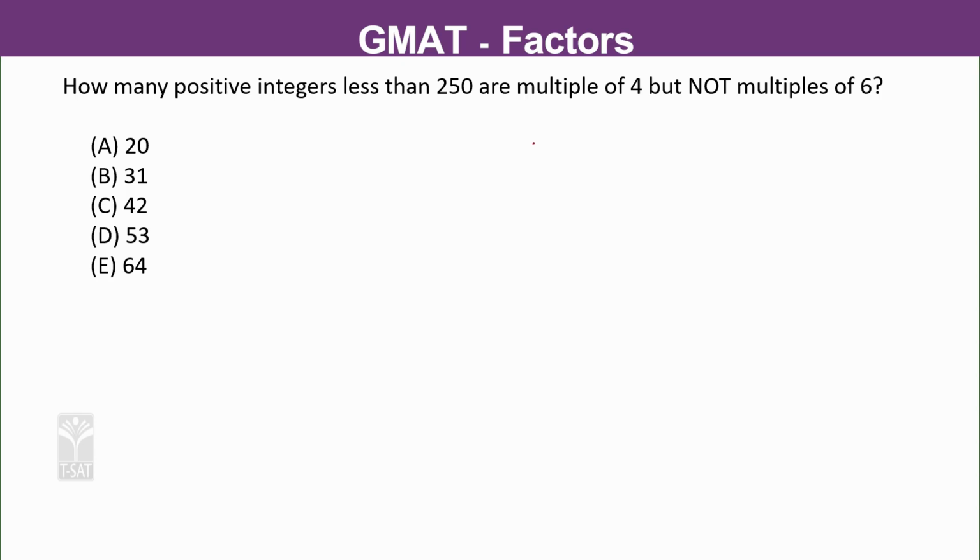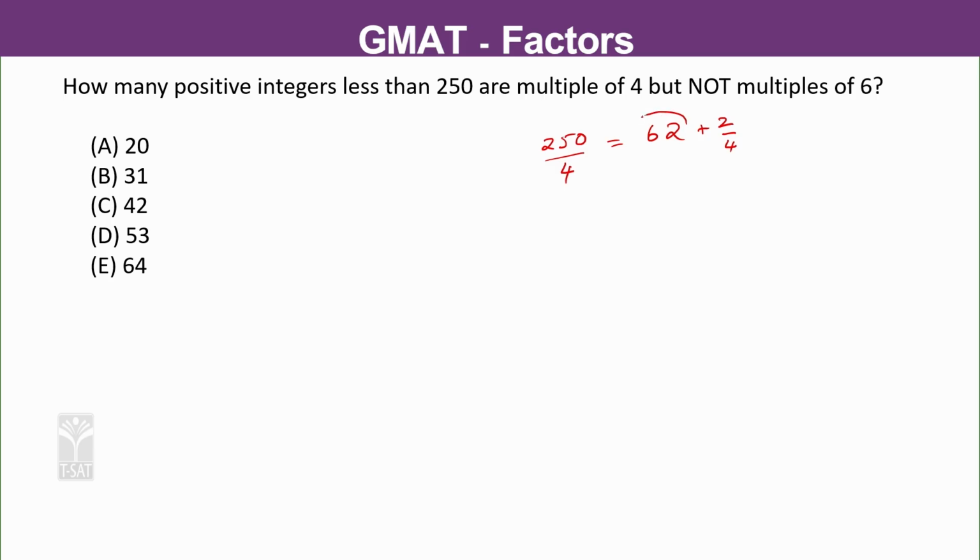To check how many multiples of 4 there are among the positive integers less than 250, divide 250 by 4. 4 sixes are 24, 4 twos are 8, plus 20, plus 2 by 4.